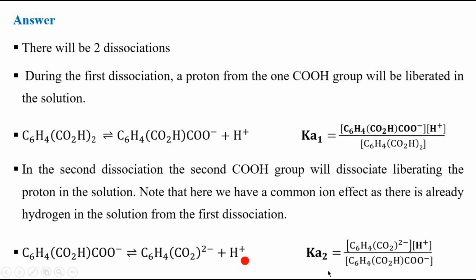We have the Ka2. The second dissociation will be negligible because of the common ion effect, since there is already hydrogen dissociated from the first dissociation.